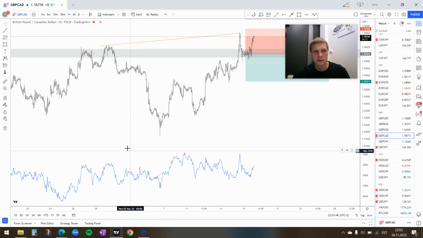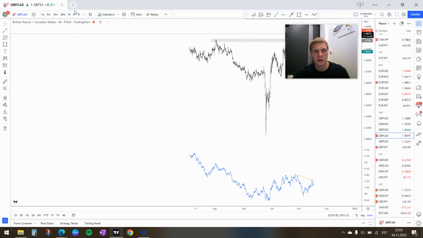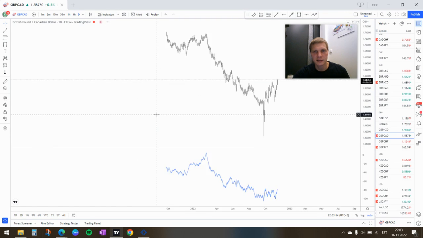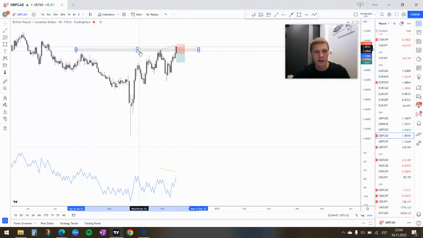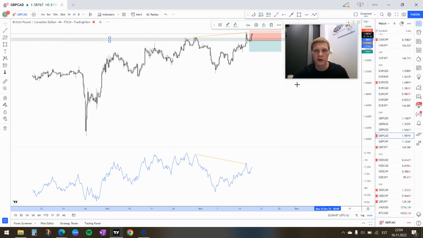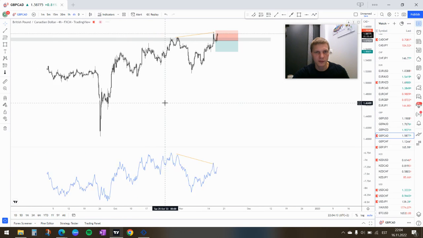but on the H4, there's a big wick on the daily, right? So it looked like it was a fake out, and on the H4 there was a bearish regular divergence.